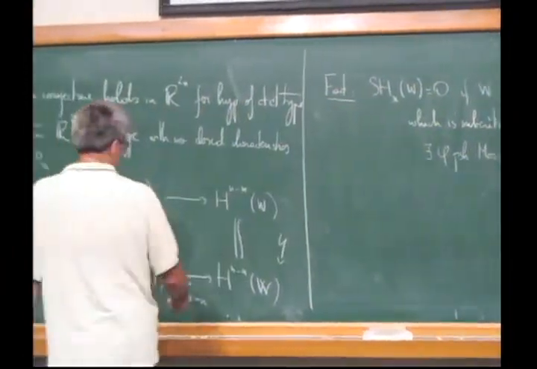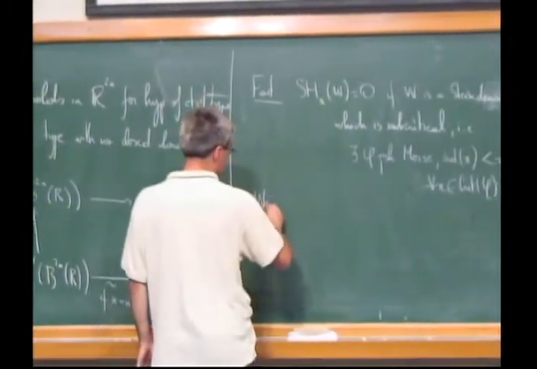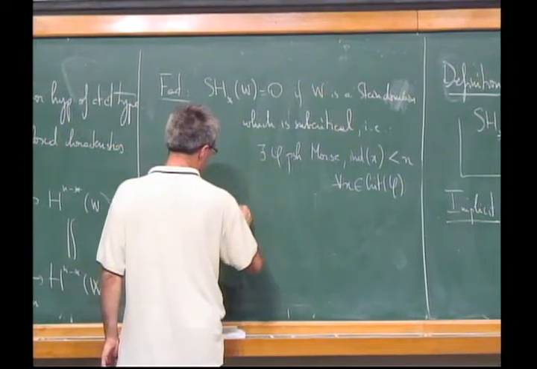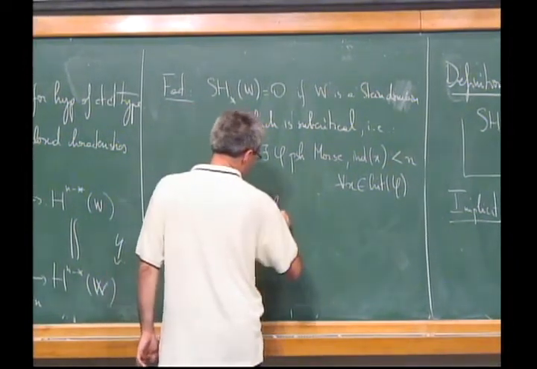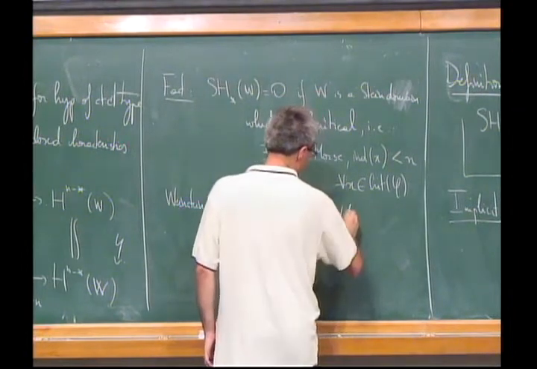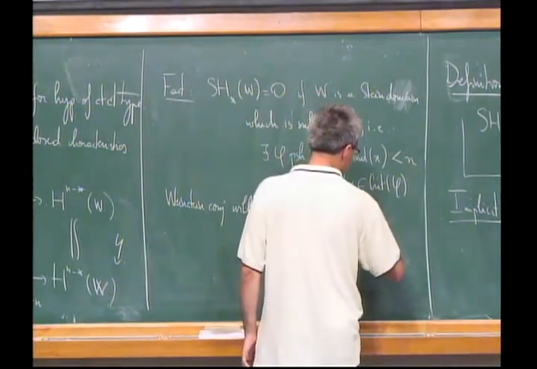So actually, the Weinstein conjecture will hold for any manifold such that the symplectic homology vanishes.